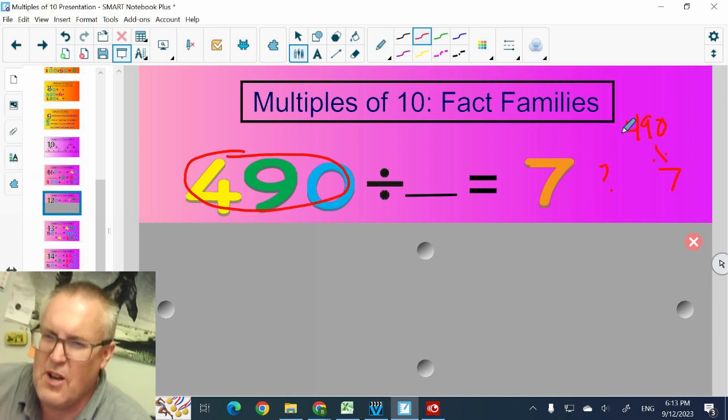So 490 divided by 7. Let's get rid of that 0 to begin with. We only got rid of one 0, so that means we have to put it back. 49 divided by 7 is 7, and then we put that 0 back. Okay, kind of cool.